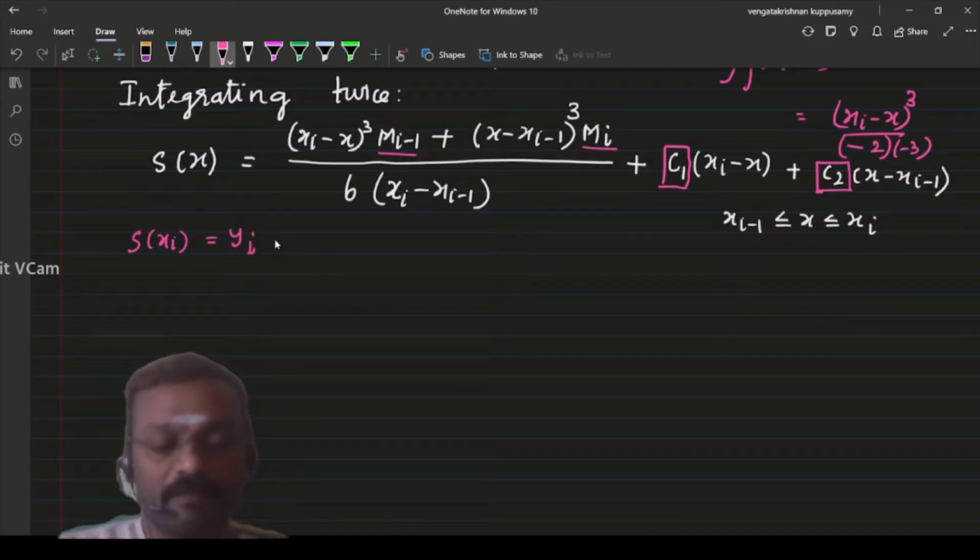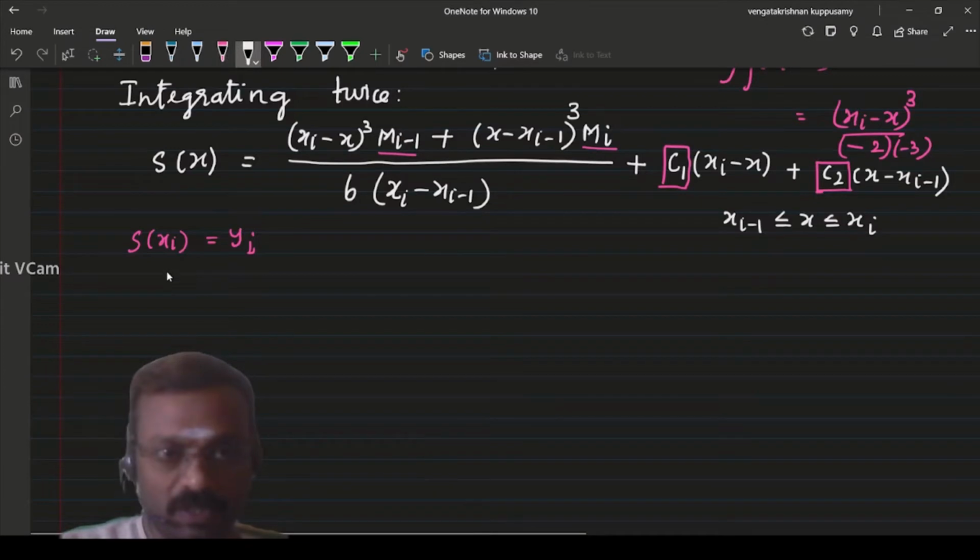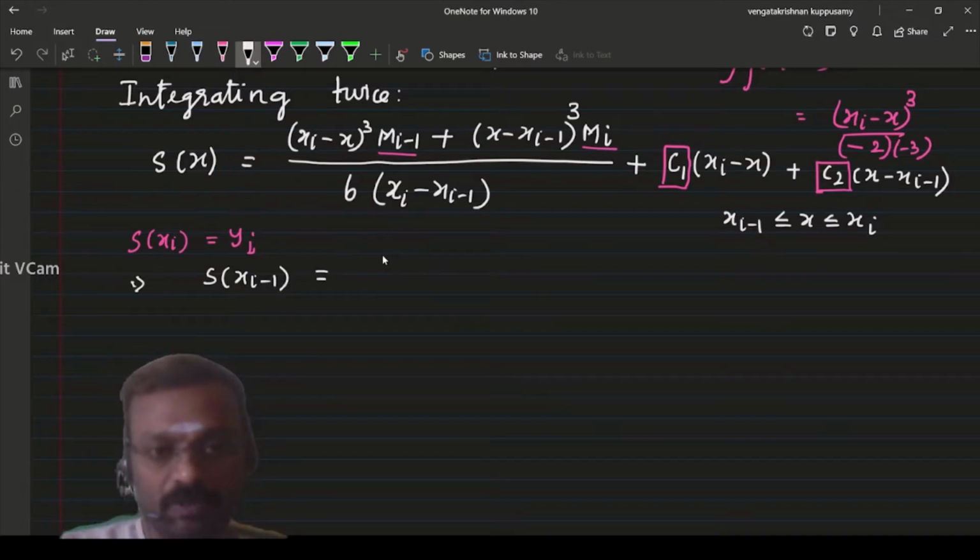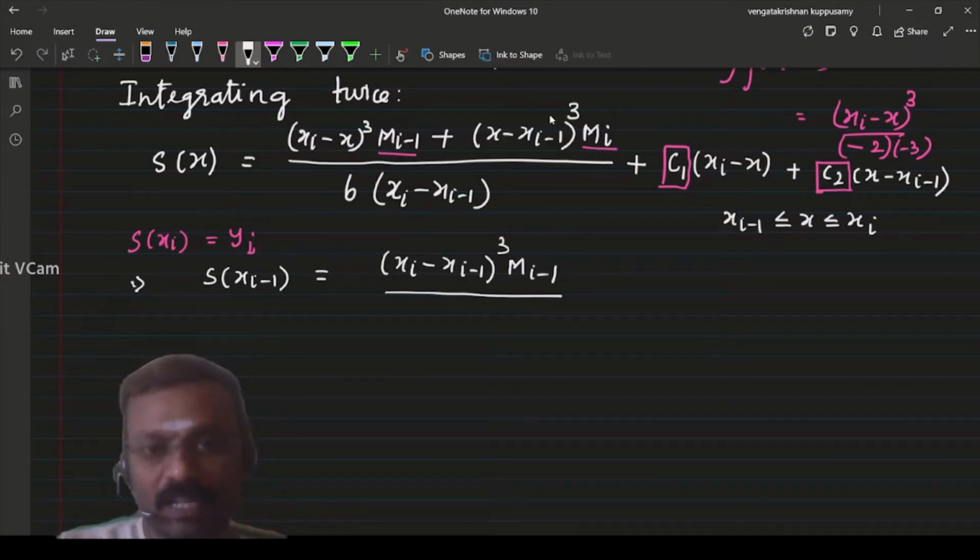So applying for the case of i minus 1, we have S of x_{i-1} is equal to (x_i minus x_{i-1})^3 by 6 into m_{i-1}, because this factor turns out to be 0, x_{i-1} minus x_{i-1}.